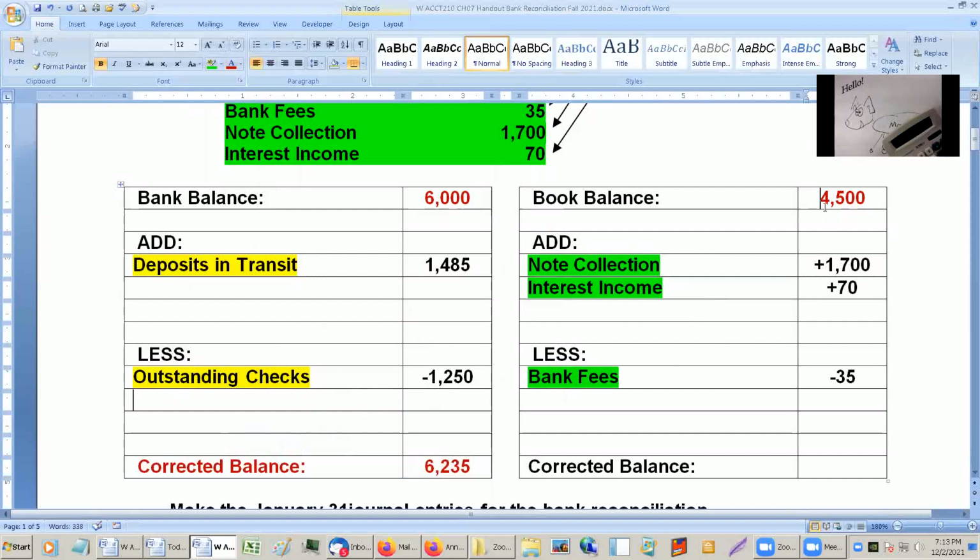And hopefully this other side comes up to be the same. So these two should come out to be the same, and this is the true amount of cash that you have.